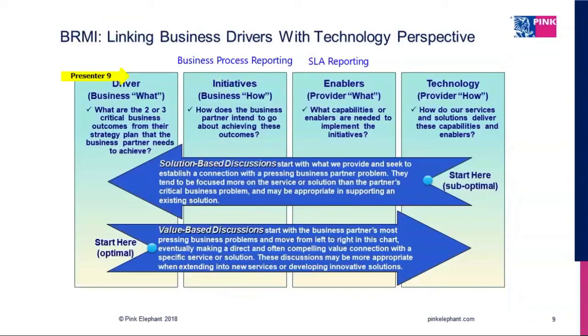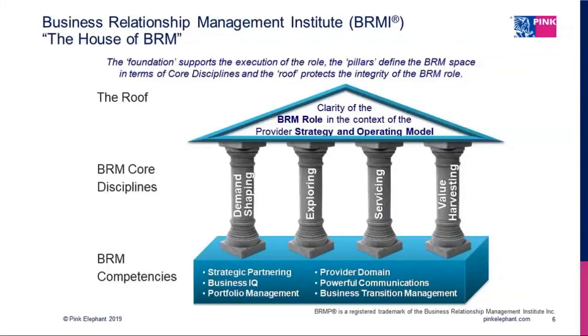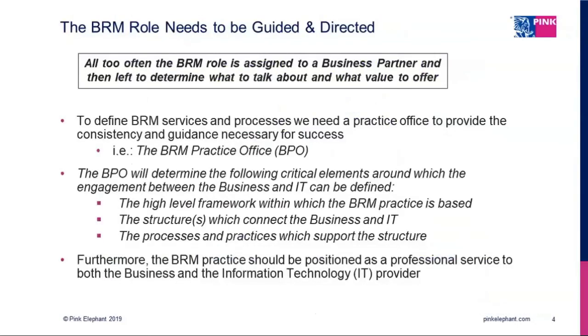And we can bring all of this back together by going back to the beginning where we started and talk about our business relationship management practice office, which has this large framework, which is the basic structure for how pieces were put together. And that takes us back to the beginning.